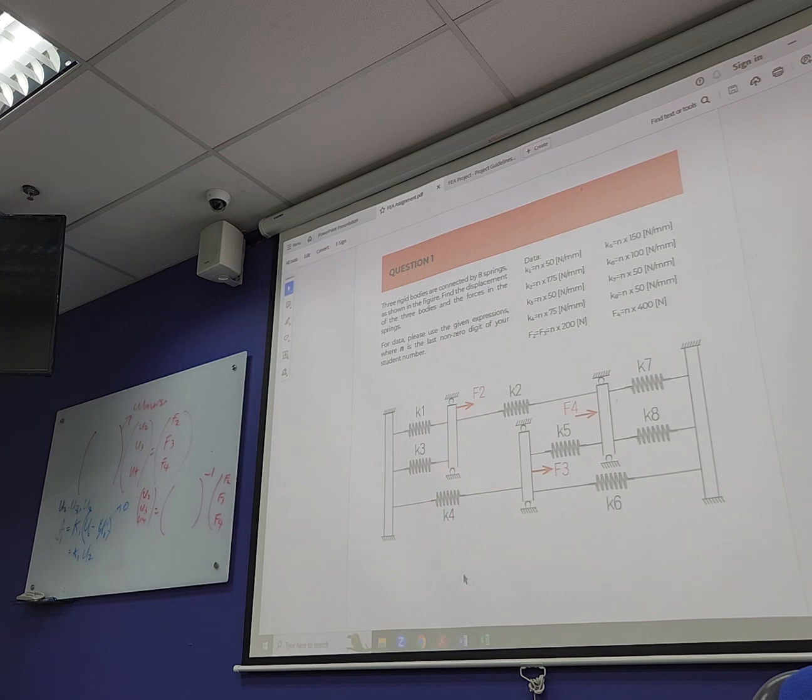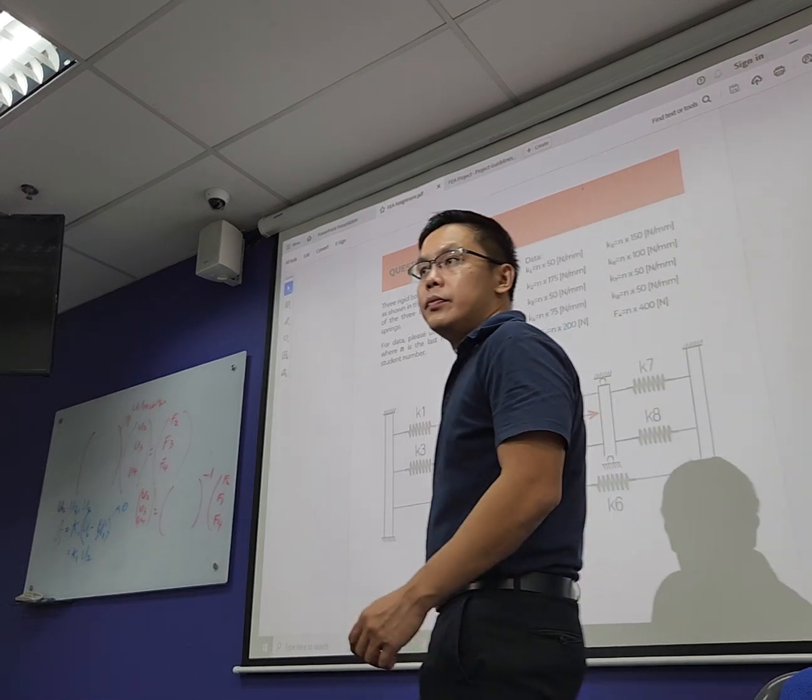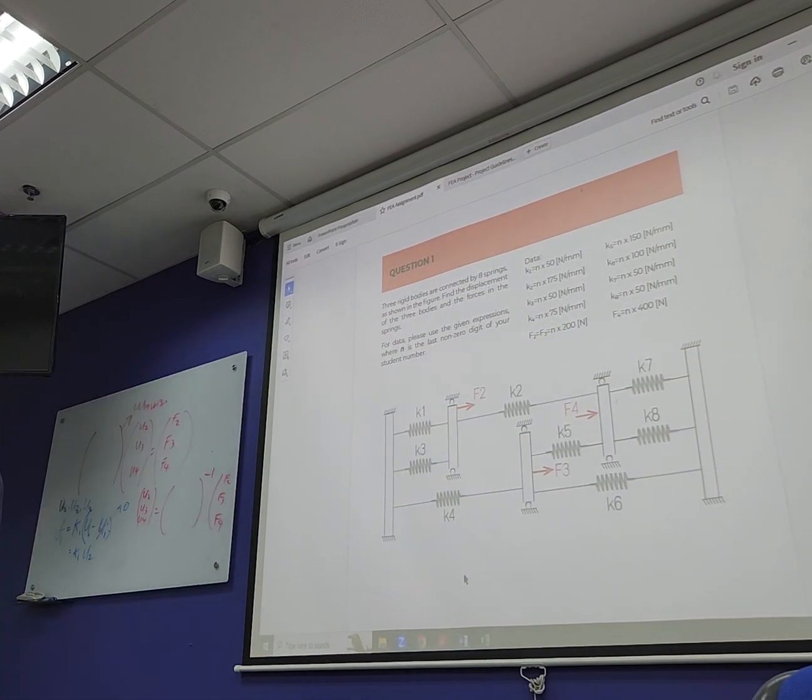The internal body force and the external body force are different. Of course the internal body force is dependent on the external body force, but they are two different things. K1 and K3 might give different forces, but in this case they will be the same, because K1 and K3 are the same, but they could be different.